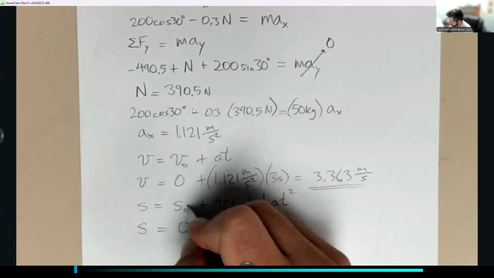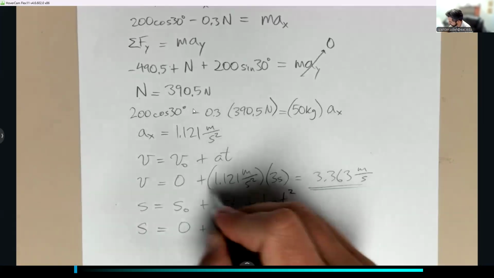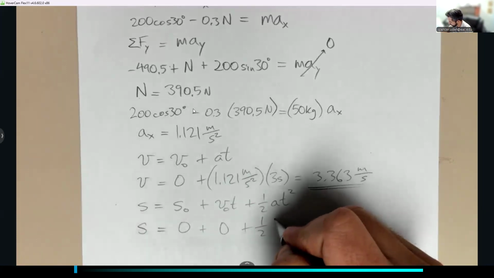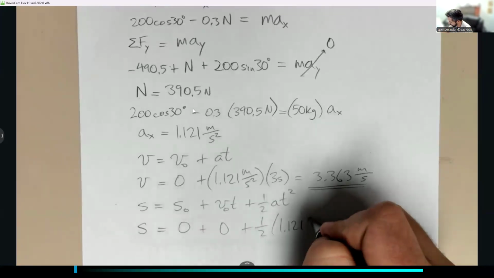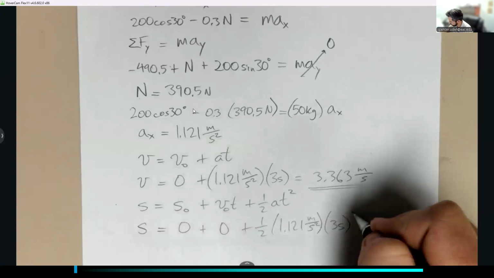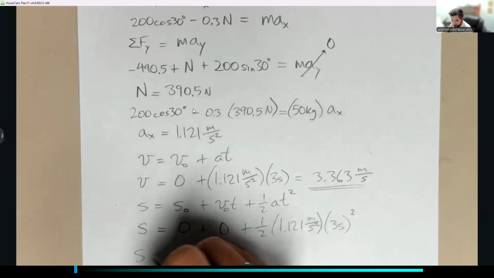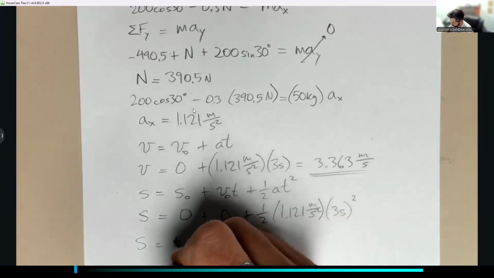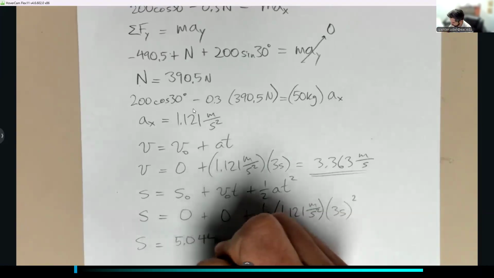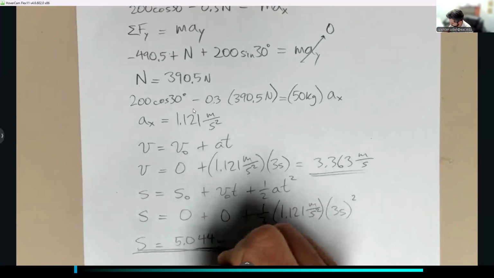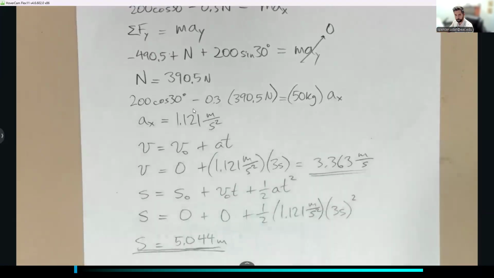So the final position would be initial position 0, initial velocity 0, 1/2 a times t of 3 seconds squared. And that would give us our final position of 5.044 meters. All right, that is it for that one. Oh, some crazy double underlines there.